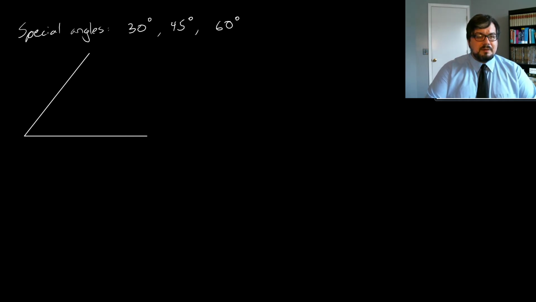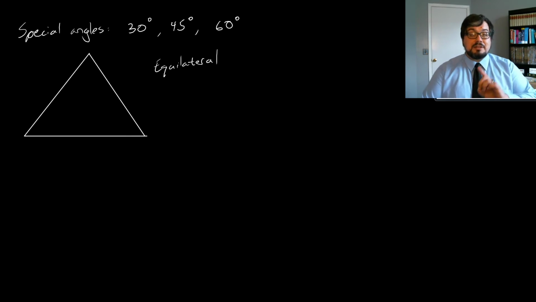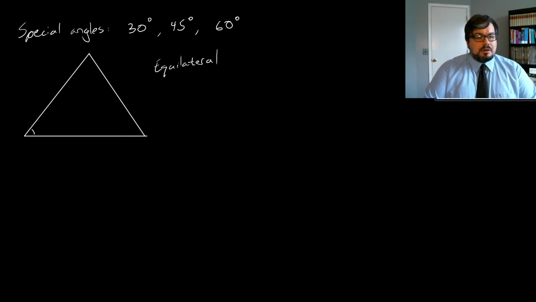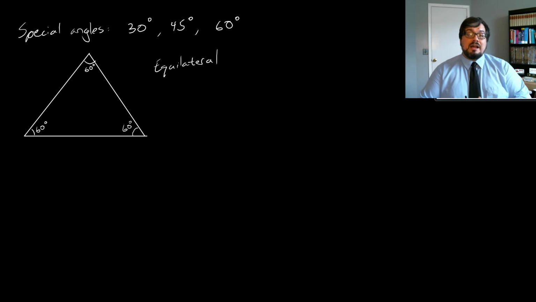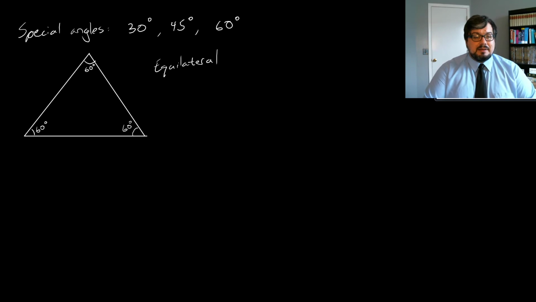So to do this, I'm going to start with an equilateral triangle. Now this isn't a right triangle, but we're going to construct a right triangle out of it. So remember that when we have an equilateral triangle, all of the angles inside are 60 degrees. This is because in an equilateral triangle, all the angles inside are equal, as well as the side lengths all being equal.